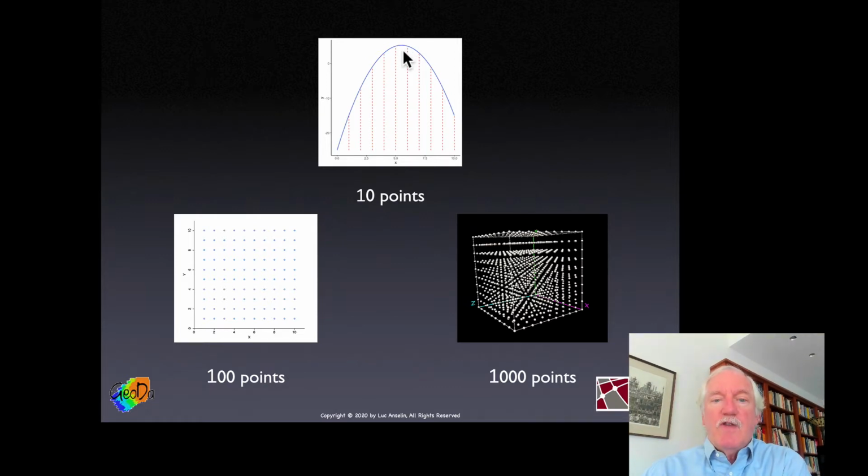Just for the sake of argument, let's say we have 1 dimension and we divide it in 10 intervals. Now what happens if we go to 2 dimensions? We divide the x-axis in 10 intervals, we divide the y-axis in 10 intervals, but now we have 100 observation points. In 3 dimensions, we get 1,000 observation points.